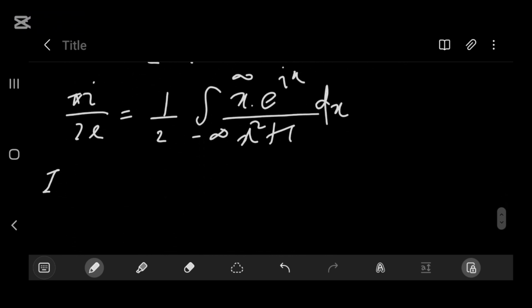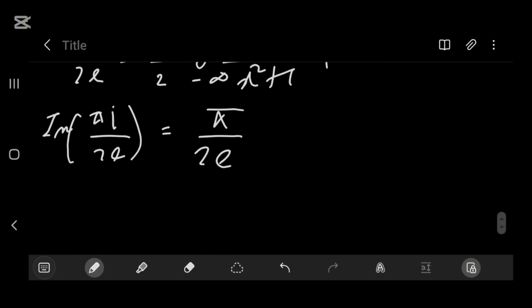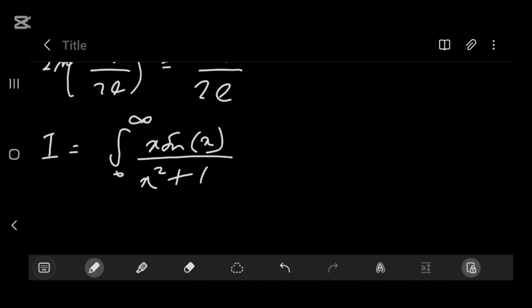The imaginary part of pi i over 2e is pi over 2e. So the required integral's answer is I equals the integral from 0 to infinity of x times sine x over x squared plus 1 dx equals pi over 2e.